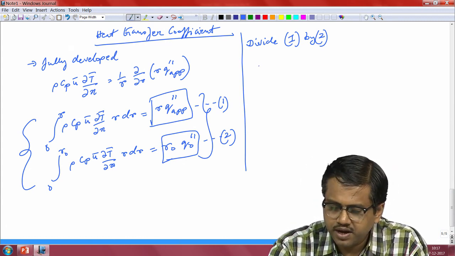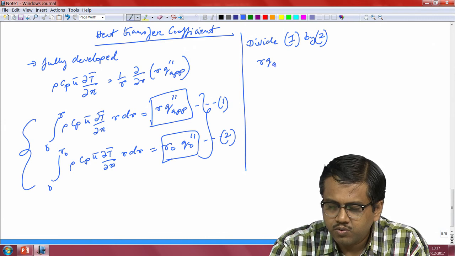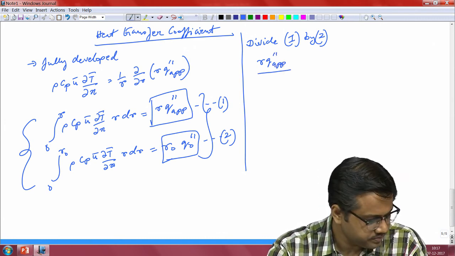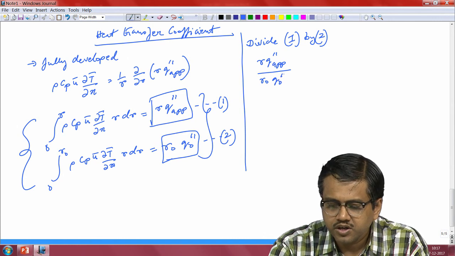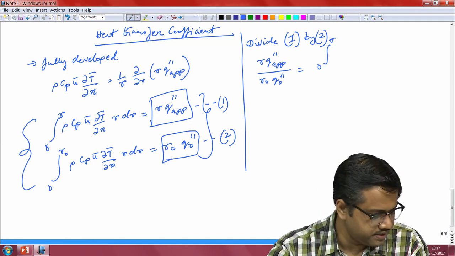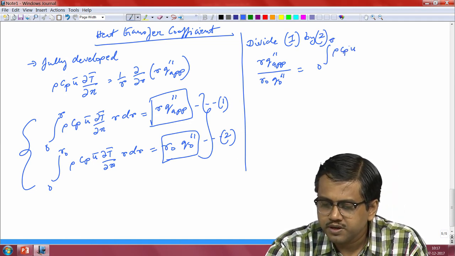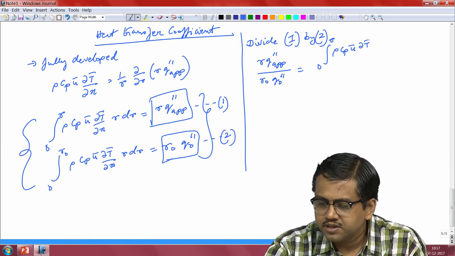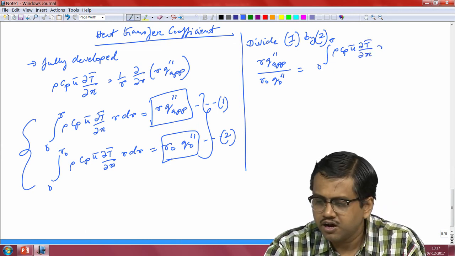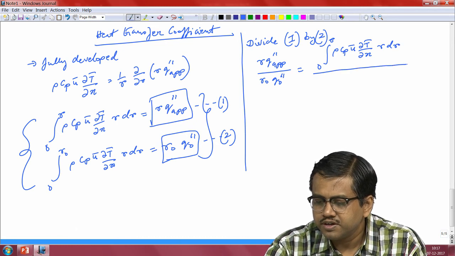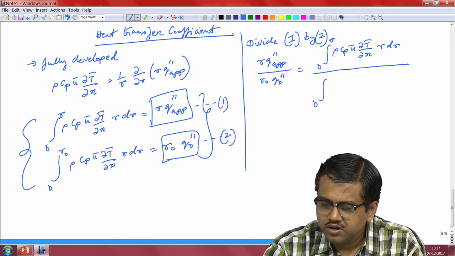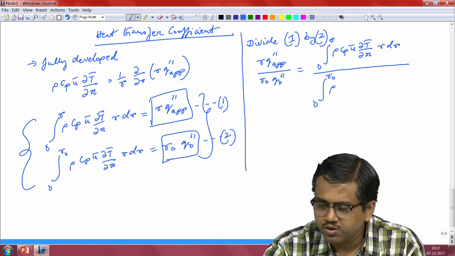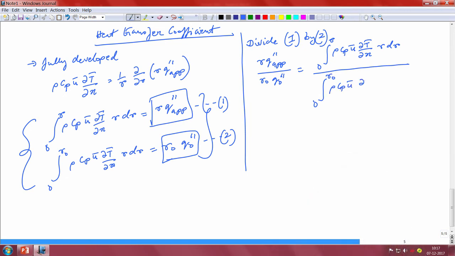So, in other words, you have r q apparent double prime divided by r naught q naught double prime, that is equal to the integral from 0 to r of rho Cp u bar dT bar by dx r dr divided by the integral from 0 to r naught of rho Cp u bar dT bar by dx r dr, right.